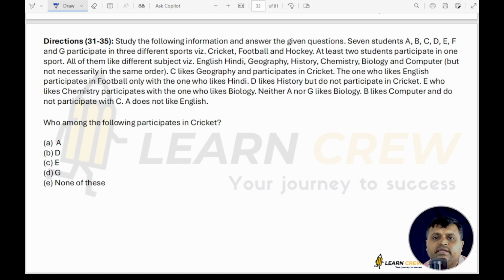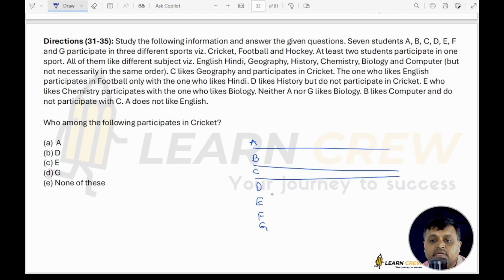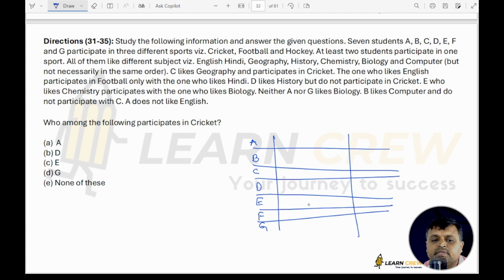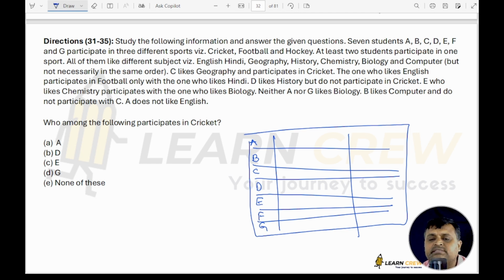The subjects are English, Hindi, geography, history, chemistry, biology and computer. So you have different persons A, B, C, D, E, F, G. There are 7 persons, 7 subjects and 3 sports. So let us match person, sport and subject.